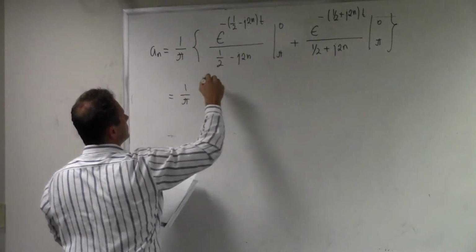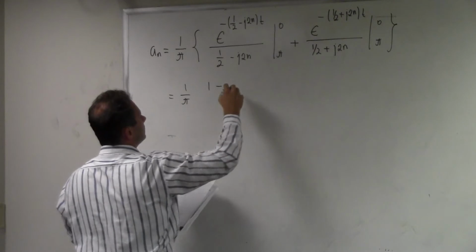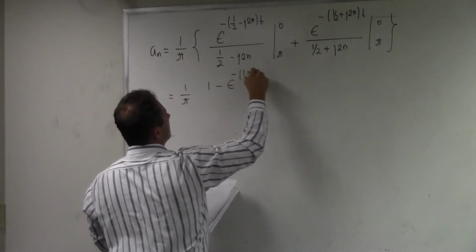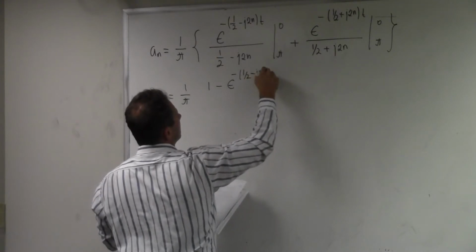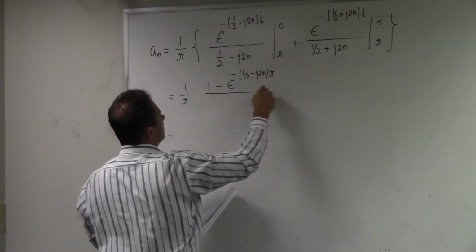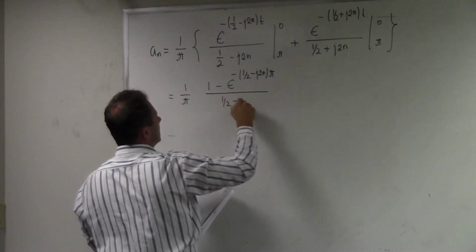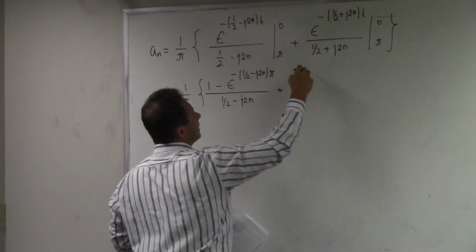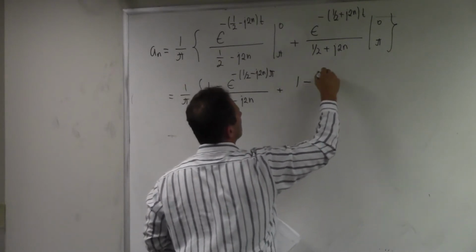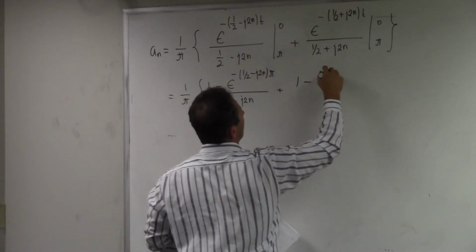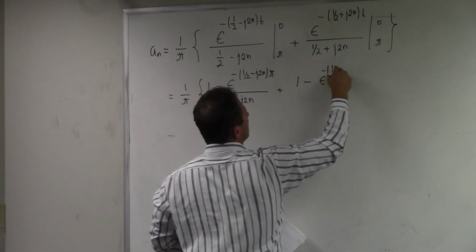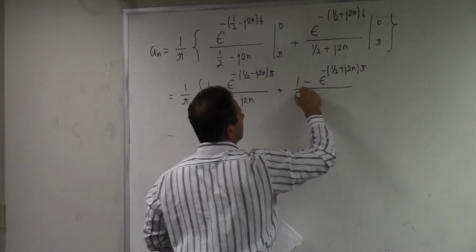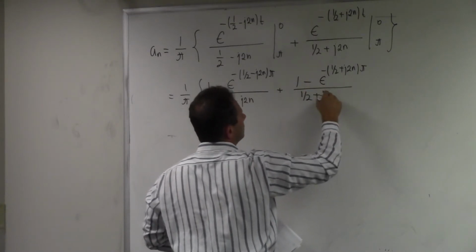Upstairs, when I substitute 0, I have 1 minus e to the minus 1/2 minus j2n pi divided by 1/2 minus j2n, and then plus, again, 1 minus e to the minus 1/2 plus j2n pi divided by 1/2 plus j2n.